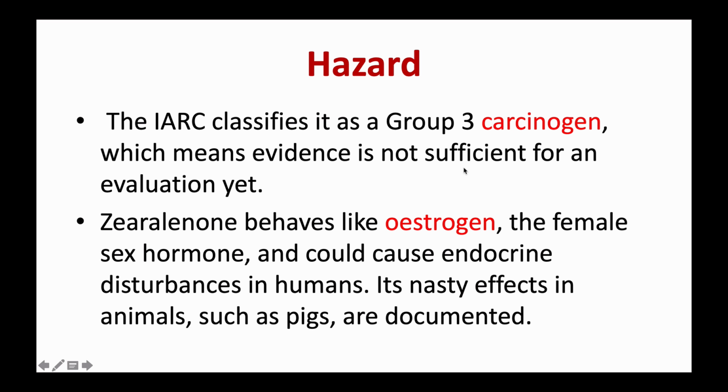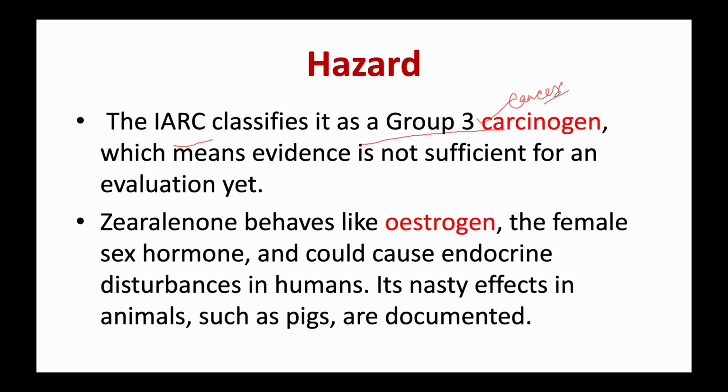Now we'll move to what are the hazards of Zearalenone, how it is so dangerous for human health. So see here, IARC has classified it as a group 3 carcinogen. So what is carcinogen? Carcinogen is an agent which causes cancer.